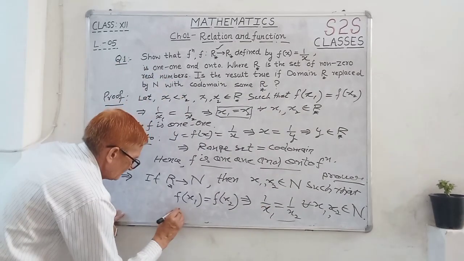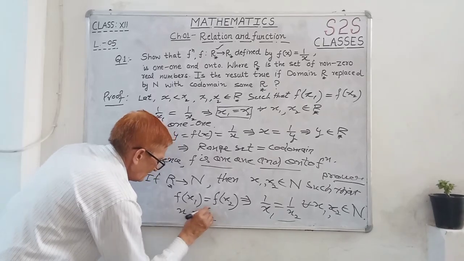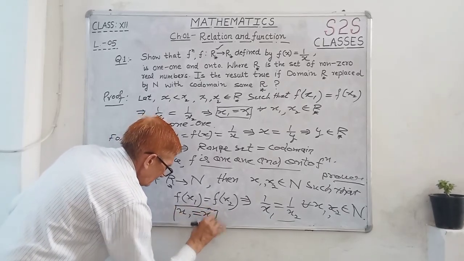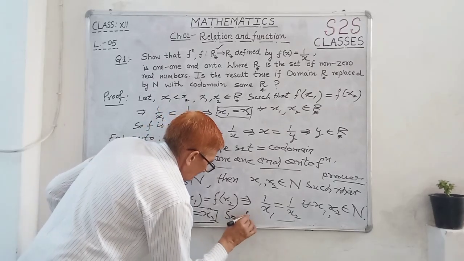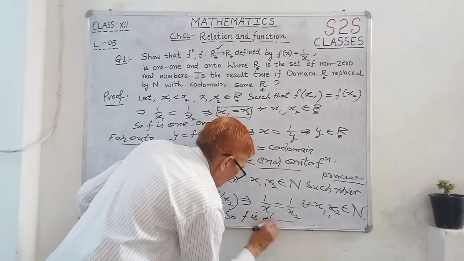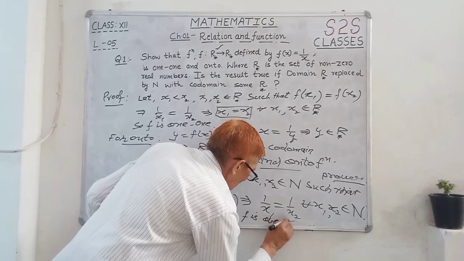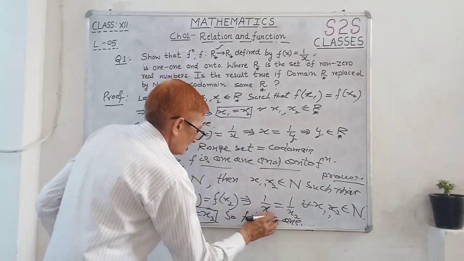So x1 is equal to x2. So f is one-one. Okay.